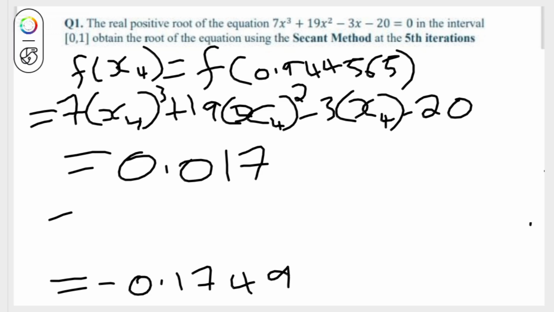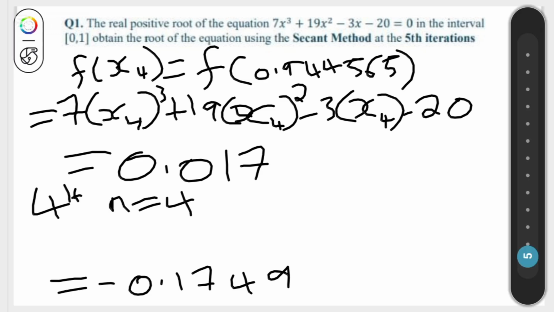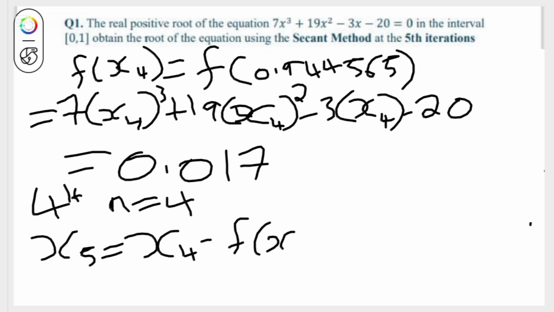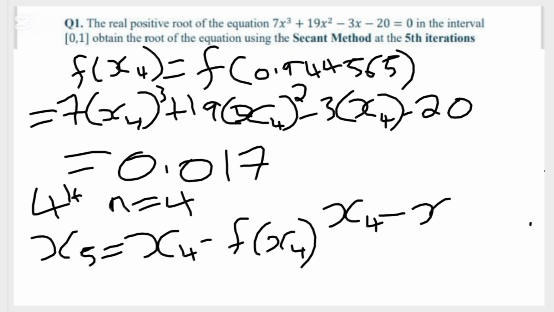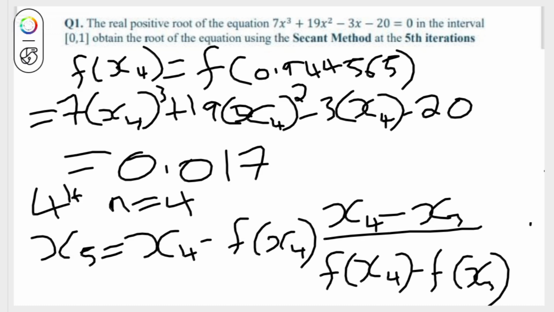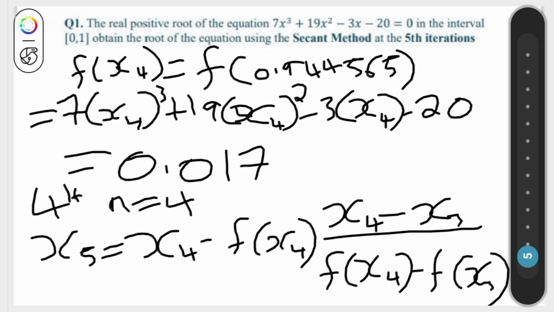So the next thing I have to go through is the fourth iteration, when n is equal to 4. So it will increase, and it will now become x of 5, the same thing as x of 4 minus the function x of 4, multiplied by x of 4 minus x of 3, divided by f of x4 minus the function of x of 3 also. So now I'm going to substitute.